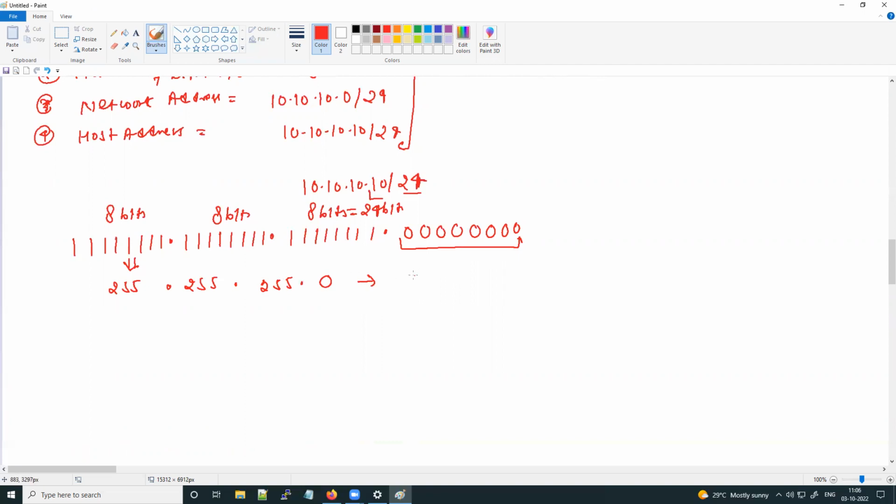This is another way to write the IP address in the form of a subnet. We can also call it a net mask.